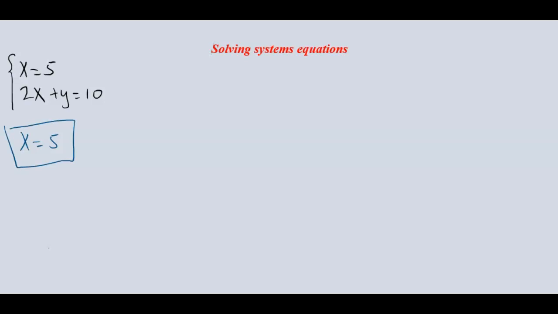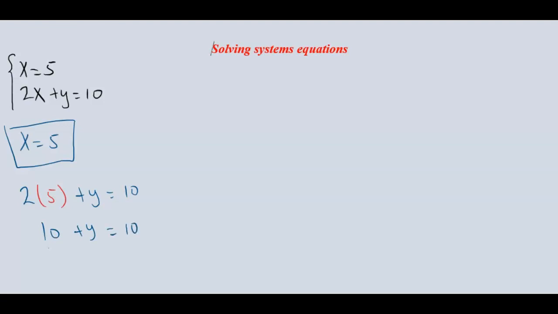Now what we're going to do is substitute the value of x in the second equation. So we're going to have 2, instead of x, we're going to have 5. 2 times 5 plus y equal 10. 2 times 5 is 10 plus y equal 10.